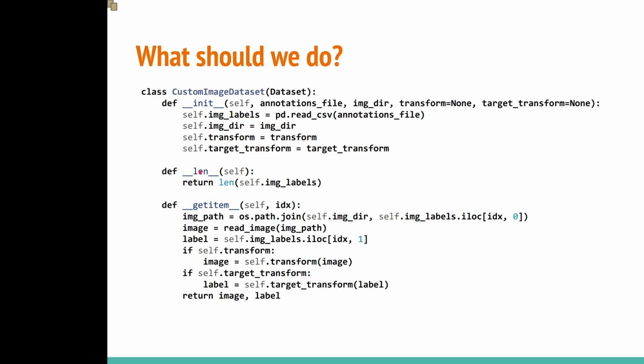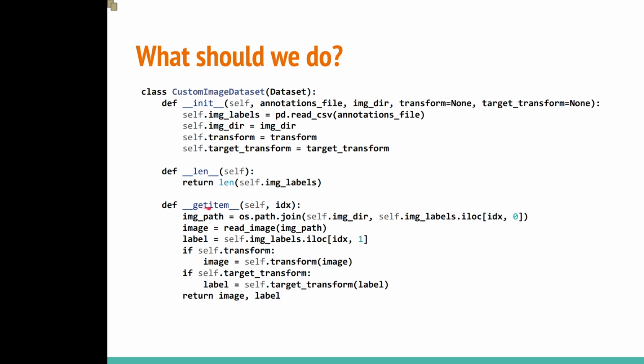Then we define a length function to return the number of available samples in the dataset. Here, we're just using the number of labels, since each image should have a label.